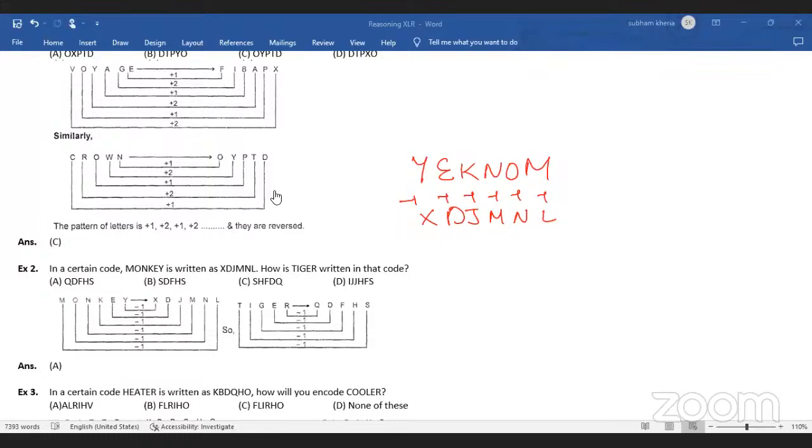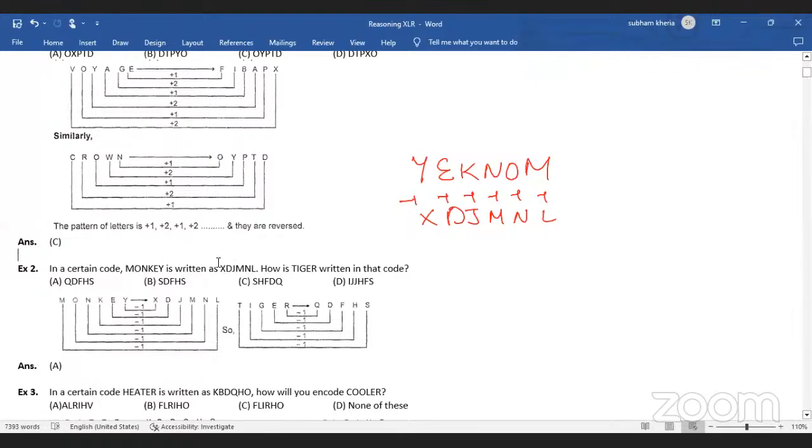So reversing the order is inevitable. No, it's not necessary. That depends on the framing of the question. Sometimes you have to reverse, sometimes you don't. So what we have done here is, see, monkey: if I check the code of M and X, they are not making any sense. Then if I check O and D, they are not making a specific pattern.